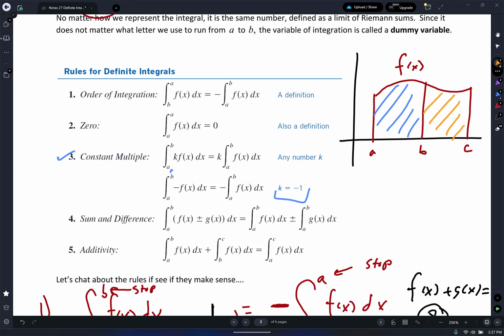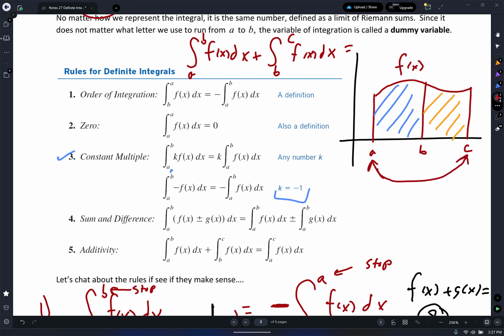If I go integral from a to b of f of x dx plus, where that one stops, the other one begins, integral from b to c of f of x dx, will this give me the area under the curve from a all the way to c? Yes, that's all it is. A to c of f of x dx. So notice from a to b, from b to c, and all that together is just a to c.